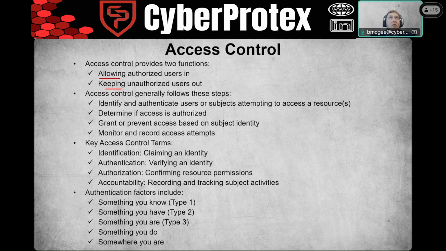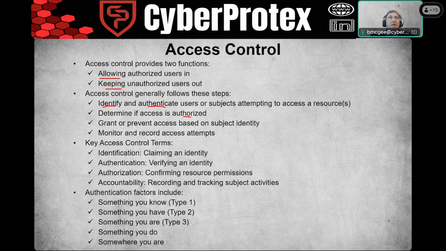We want to try to figure out who is trying to access it, challenge them for verification purposes, and then see if they are authorized after they've been challenged for any type of permissions on the network.